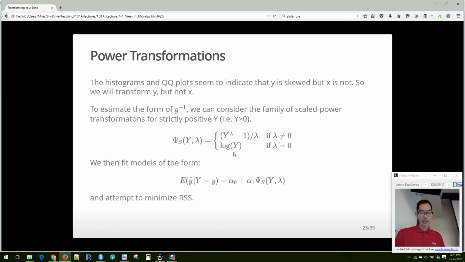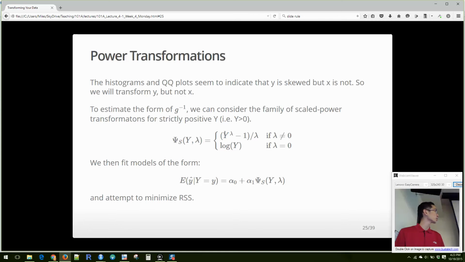Okay, and so what it is is y raised to the lambda, and then we do minus 1 over lambda. Because lambda is going to be a constant, and we're going to find a linear relationship, this part just gets canceled out as part of the linear relationship. So the only part that really matters is y raised to the lambda.